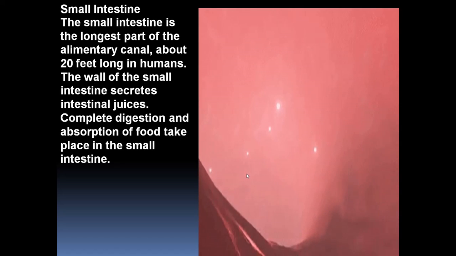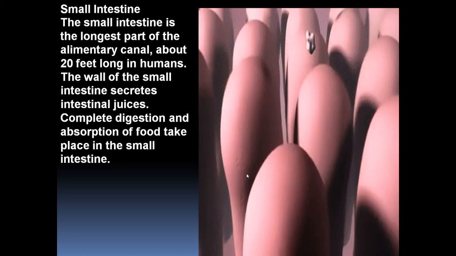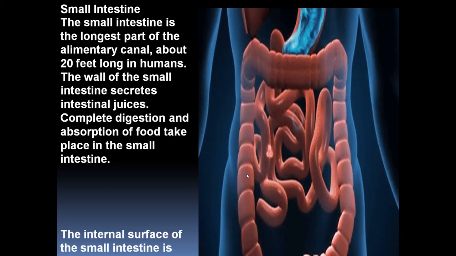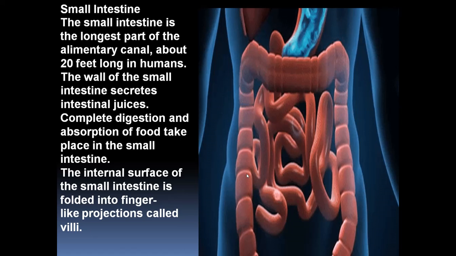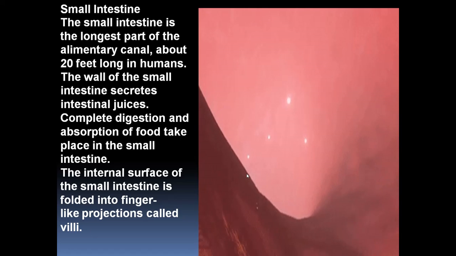So in the small intestine, complete digestion and absorption of food takes place. The internal surface of the small intestine is folded into finger-like projections called villi.